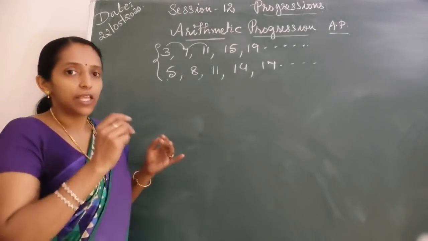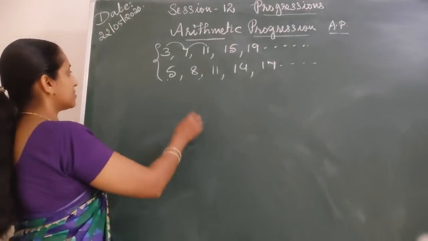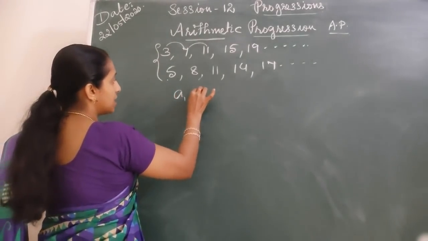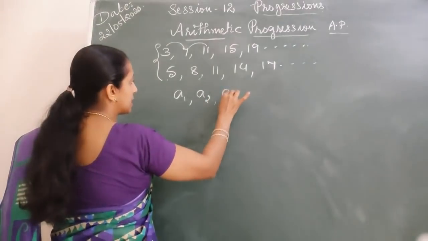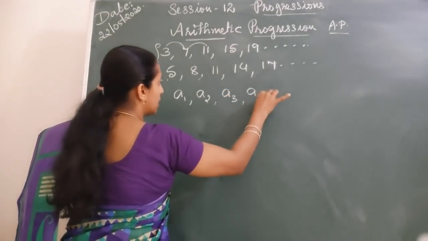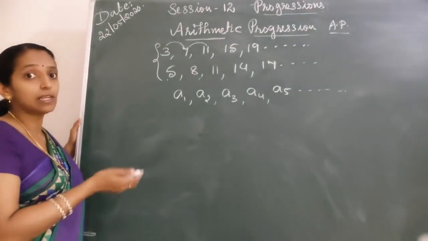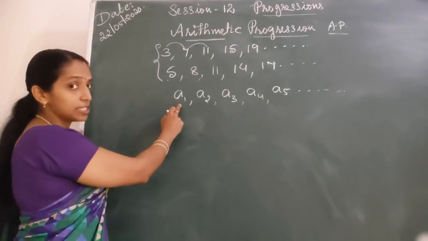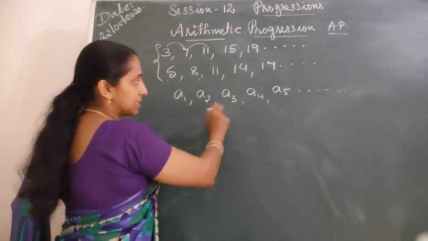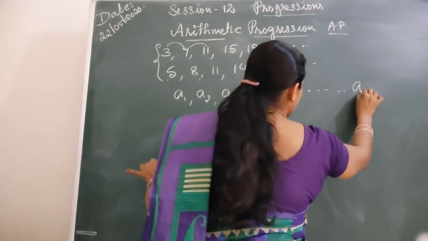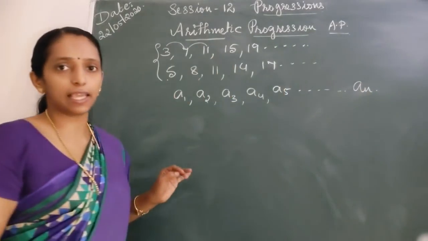In general, if you take a sequence, we can write the terms as A1, A2, A3, A4, A5, etc. These are the terms of the sequence: the first term, second term, third term, fourth term, fifth term, etc., up to the nth term.